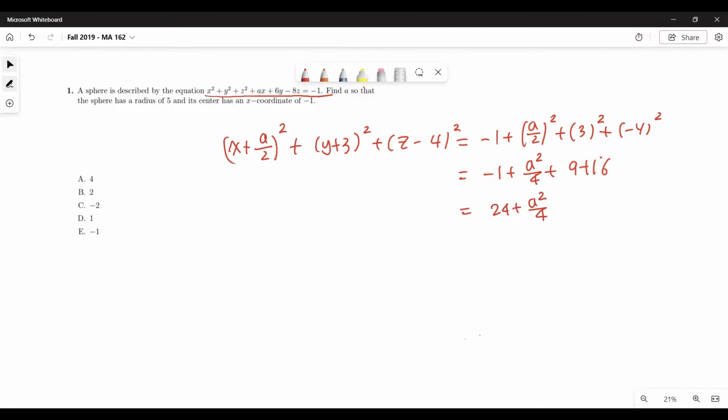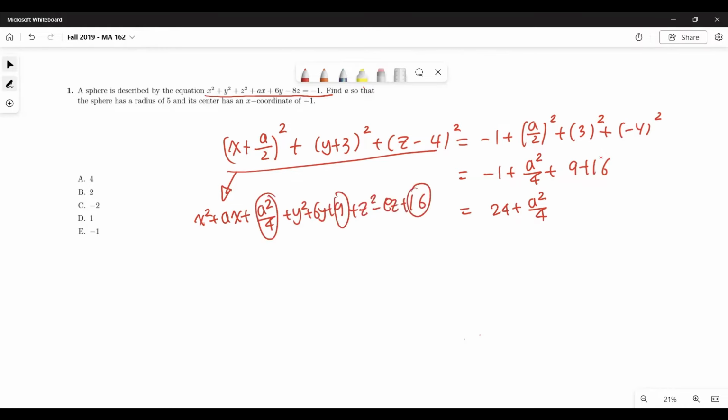The reason we are adding those constant values is because if you rewrite this equation, this becomes x squared plus ax plus a squared over 4 plus y squared plus 6y plus 9 plus z squared minus 8z plus 16. We added all those constant values on the left side, but we did it on the right side before. That's why we are adding it to make them equal to each other.